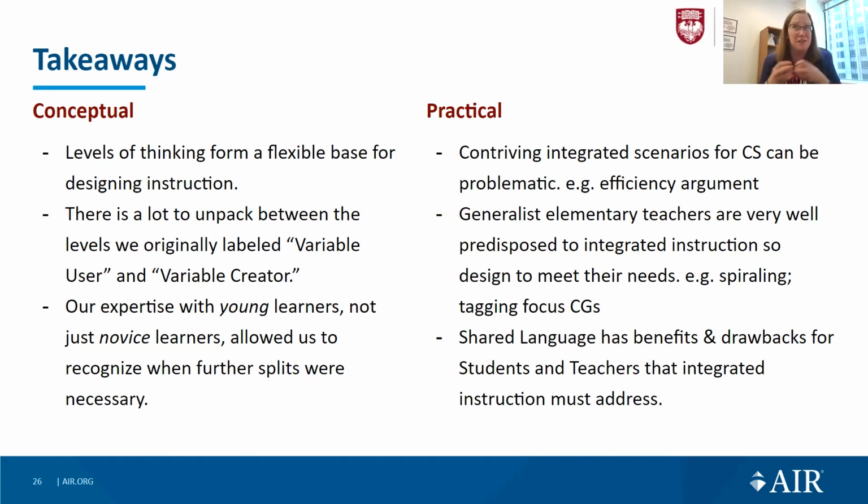As we mentioned, we think there's a lot to unpack and maybe more research to be done about those variable user and variable creator levels and what levels of thinking are appropriate, especially for primary school kids to facilitate that transition along using variables. And again, young learners are not the same kind of novice learners as, say, undergraduate learners. And that really played into our work a lot. And we think that's worth thinking about in future research.